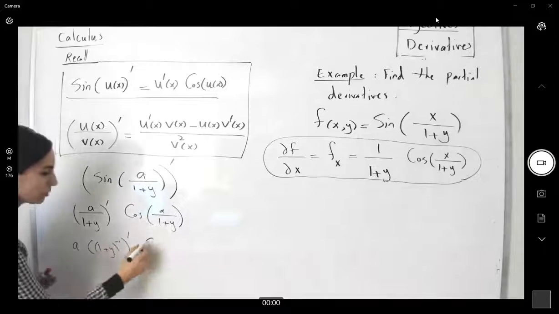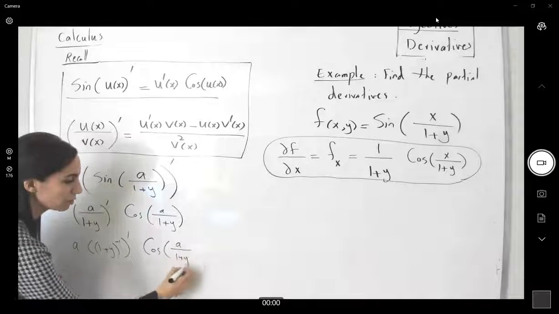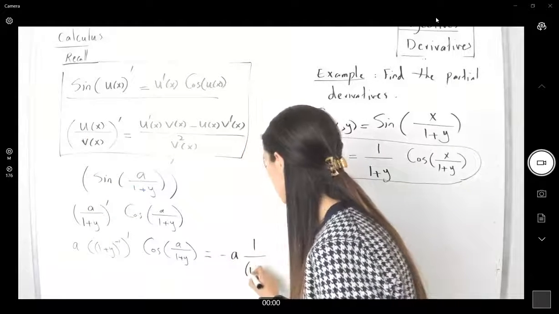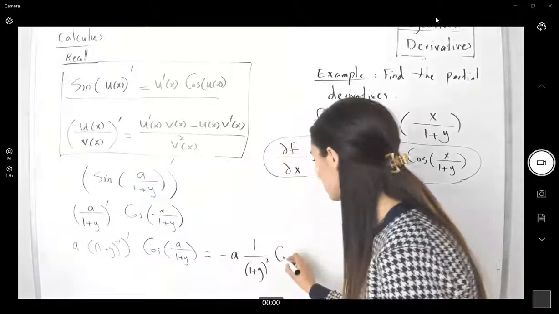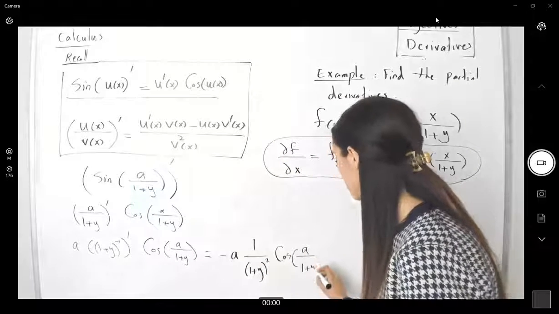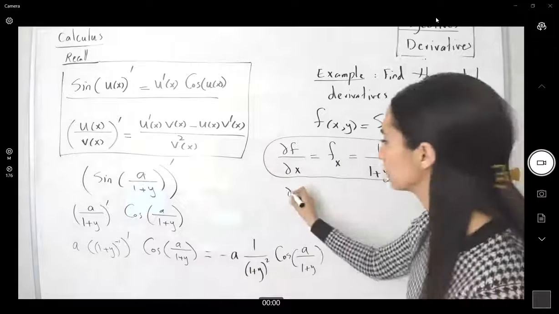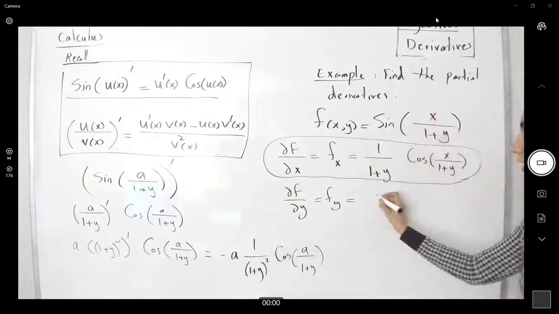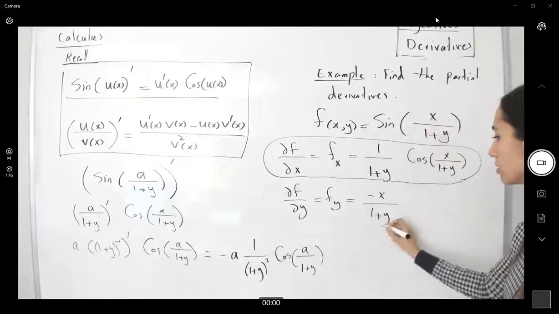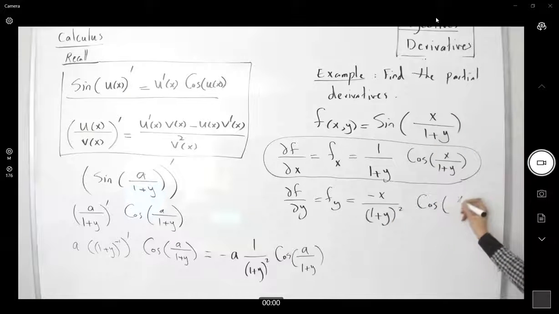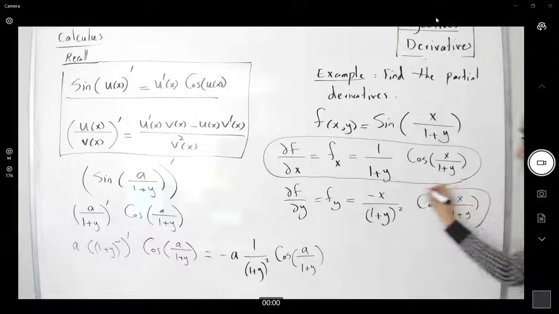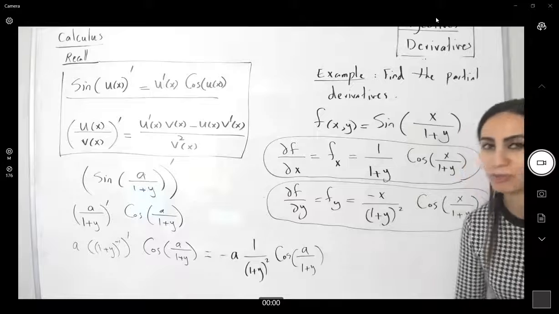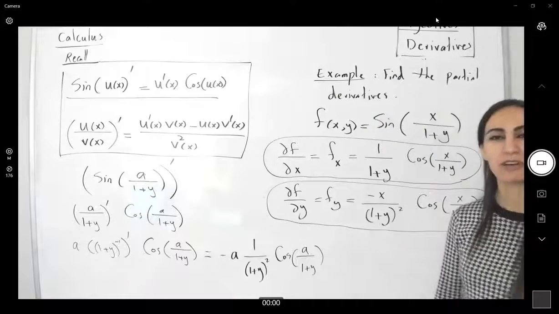Then take the derivative and multiply that by cosine of a over 1 plus y. This is actually negative a divided by 1 plus y squared times cosine of a divided by 1 plus y. In this case, we are taking the partial derivative with respect to y, or f sub y, which is equal to negative x over 1 plus y squared times cosine of x over 1 plus y. As you can see, we are getting back to elementary calculus. We need to refresh our memory about the techniques that we learned before.